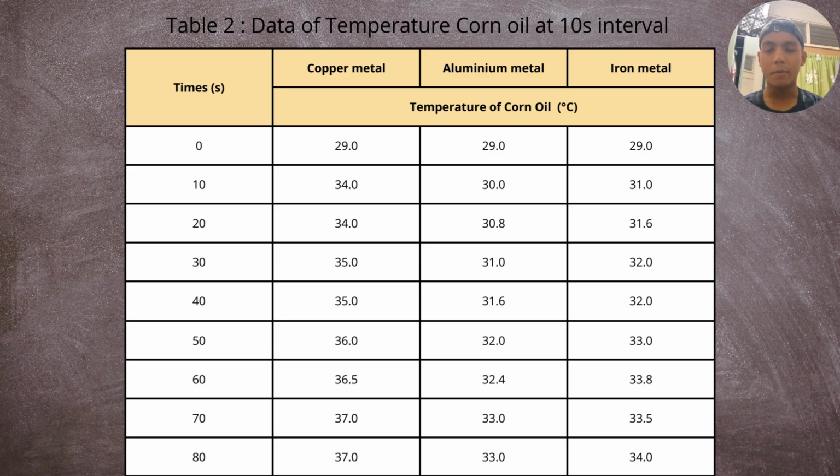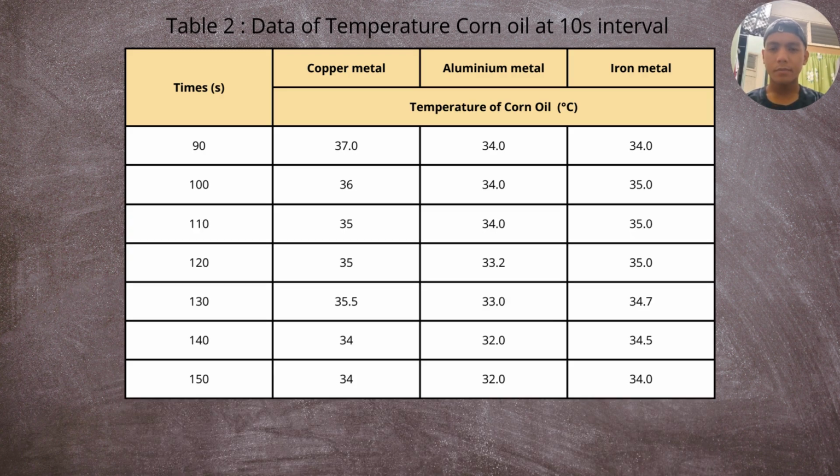So the table starts from 0 to, this is the continuity of table 2 from 90 seconds to 150 seconds. To get the equilibrium temperature of corn oil and metals, we need to have three consecutive readings.